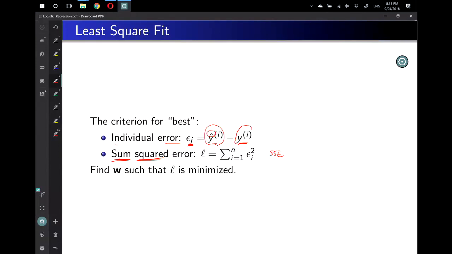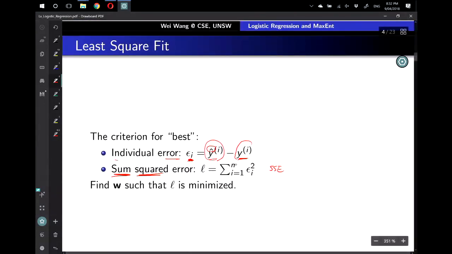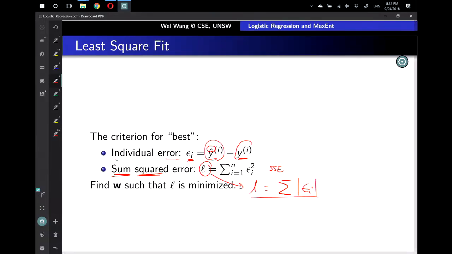Okay? So again here, that's also called the least square fit, because our error function or cost function is the least square fit. It's possible that our loss function is going to be epsilon i, take the absolute value. If we do something like this, this is going to be something called a robust linear regression.